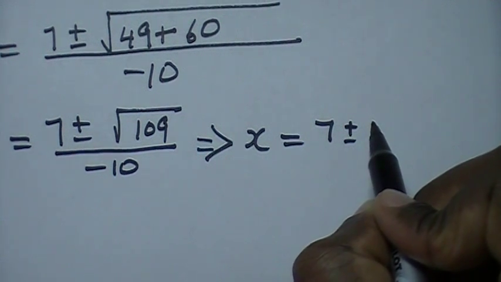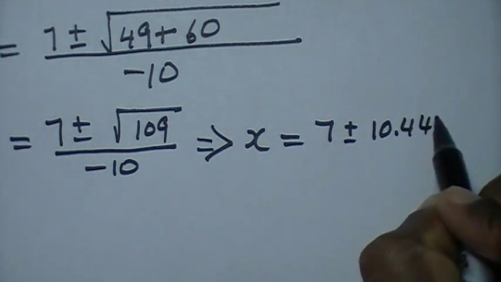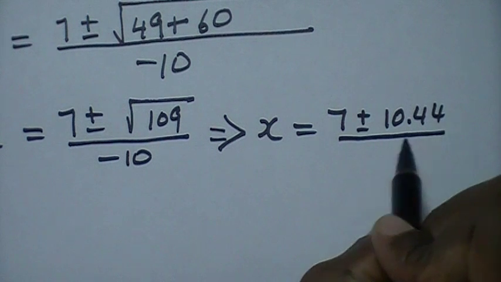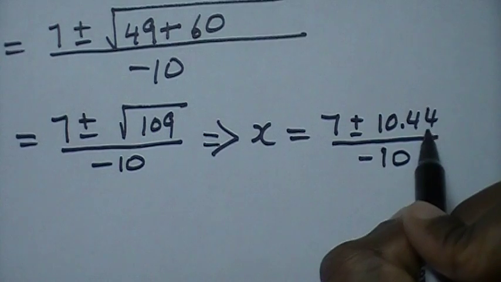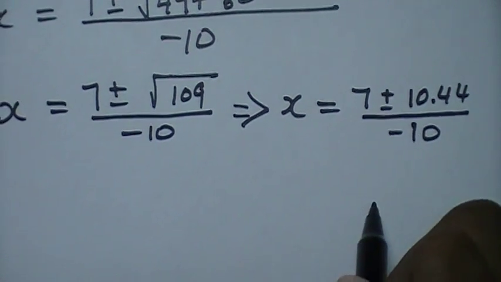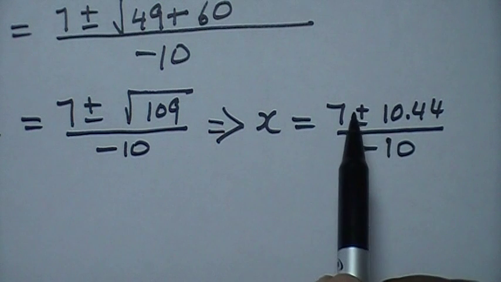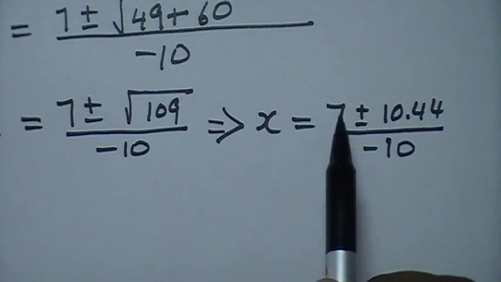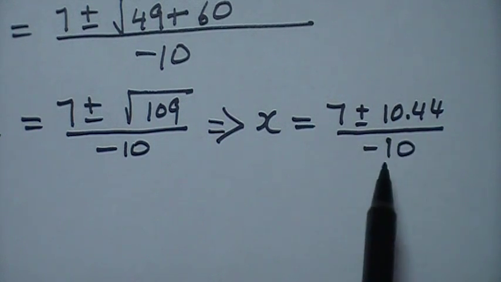That will give us, using the calculator, 10.440. I don't have to put a 0 there, that's fine. Divided by negative 10. We need to divide by negative 10, but we can't until we work on the top, and the top has plus or minus, so we need to separate it. We find the sum of these 2 numbers, then the difference of these 2 numbers.